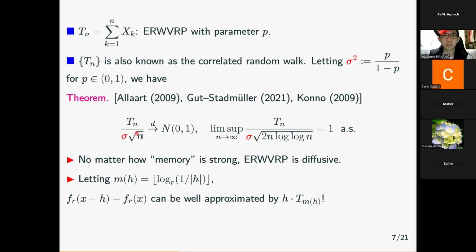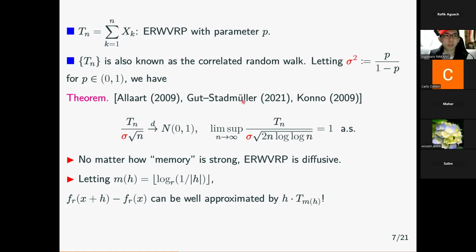Tn divided by sigma times square root of n converges in distribution to the standard normal. And Tn divided by the square root of 2 sigma squared n log log n: the limit supremum of this term converges almost surely to 1. These theorems were proved by Allaart and Gut-Stadtmüller and Konno.